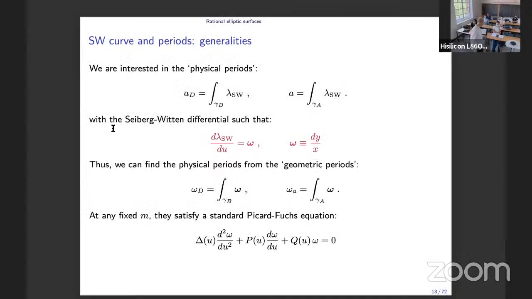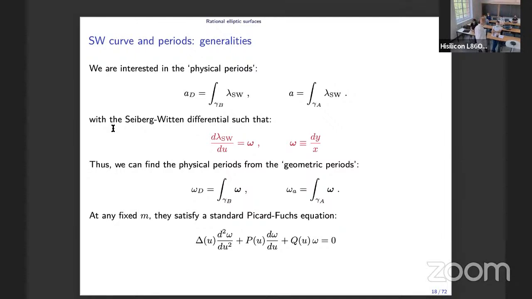So we're interested in principle in the physical periods, which are of fields A dual and A, which geometrically will be periods of the so-called Seiberg-Witten differential over the A and B cycles of the Seiberg-Witten geometry curve. The Seiberg-Witten differential is such that, up to a normalization, its derivative with respect to U is the unique holomorphic one form of the generic elliptic curve.